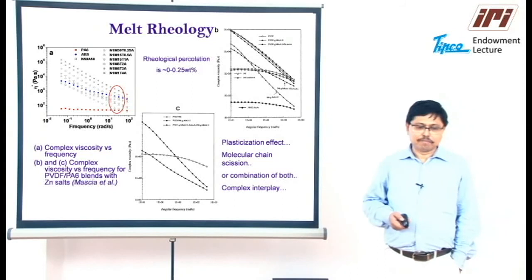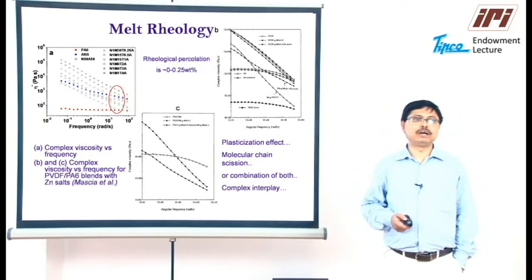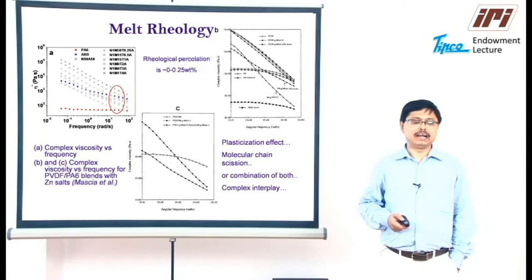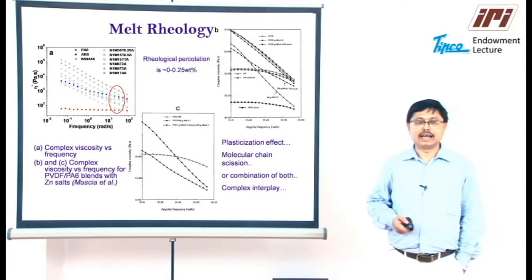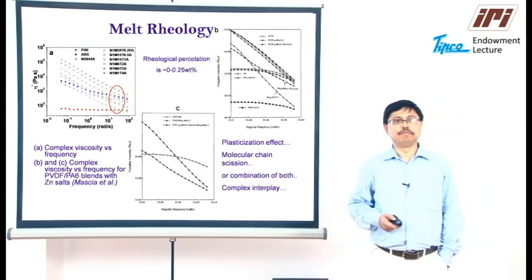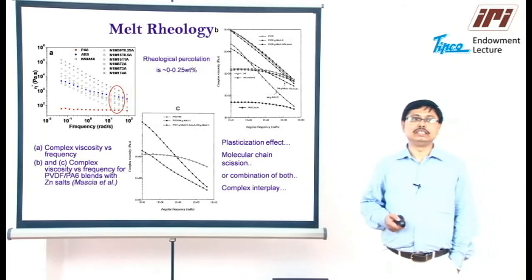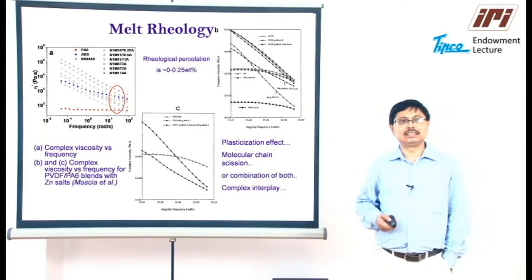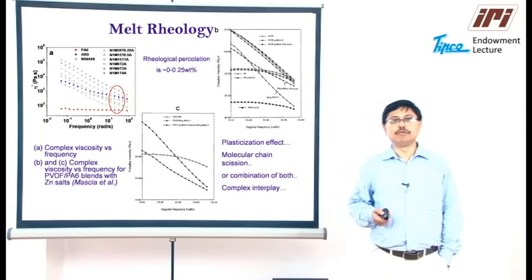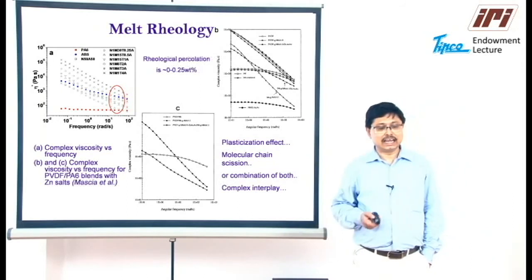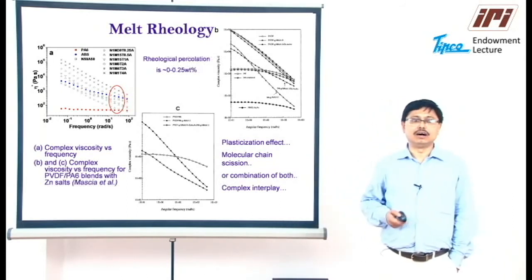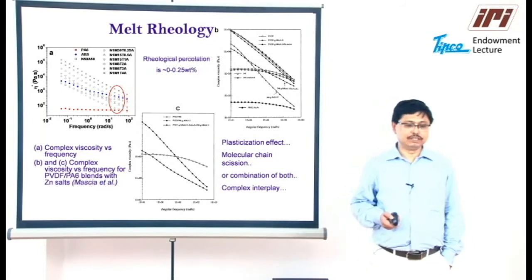Melt rheological percolation in the case of NaHA modified multi-wall carbon nanotube we observed at 0.25 weight%, but at the same time at high frequency the melt viscosity decreases in the presence of a higher amount of NaHA, which suggests plasticization or molecular weight degradation of the polyamide 6, as discussed earlier. This is also found with other organic salts in PVDF polyamide 6 blends as well.